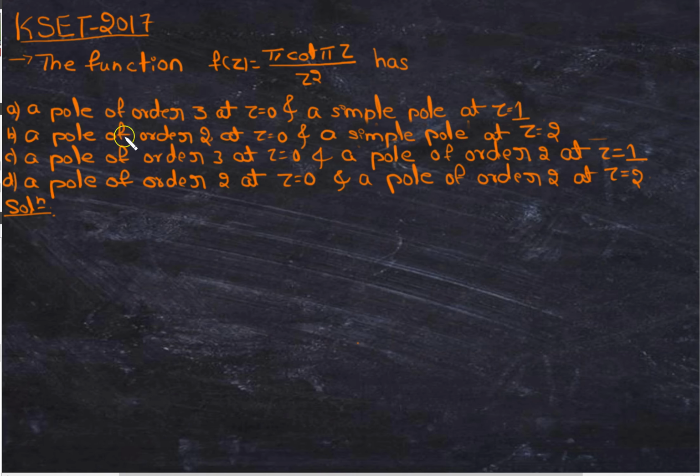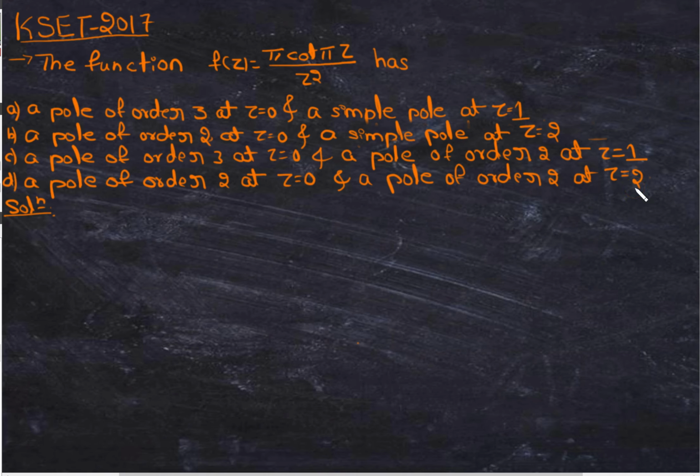Option B, a pole of order 2 at z equal to 0 and a simple pole at z equal to 2. Option C, a pole of order 3 at z equal to 0 and a simple pole of order 2 at z equal to 1. Option D, a pole of order 2 at z equal to 0 and a pole of order 2 at z equal to 2.